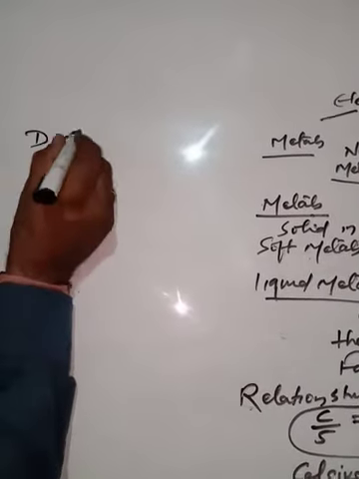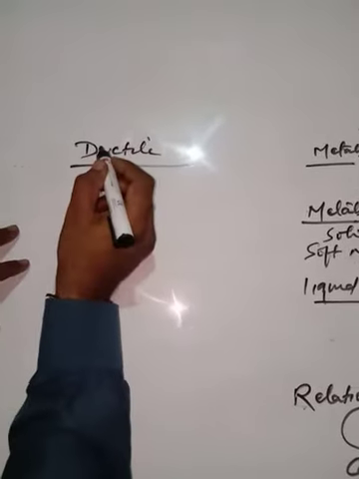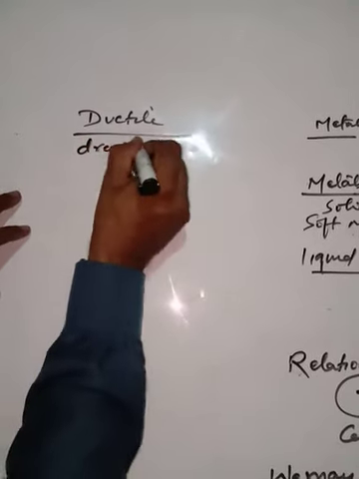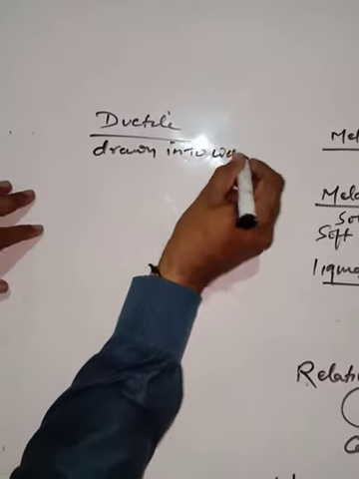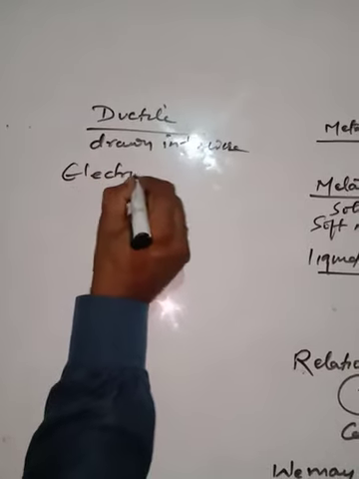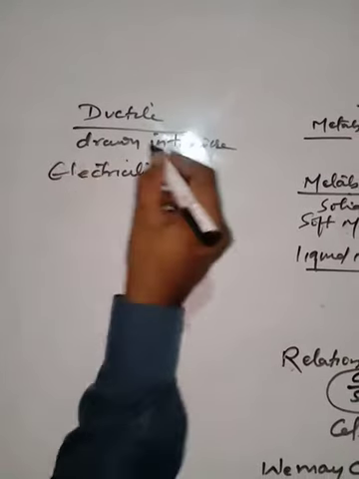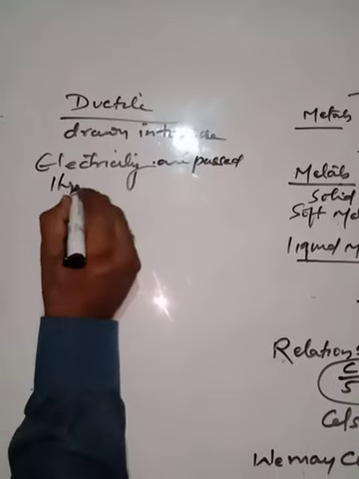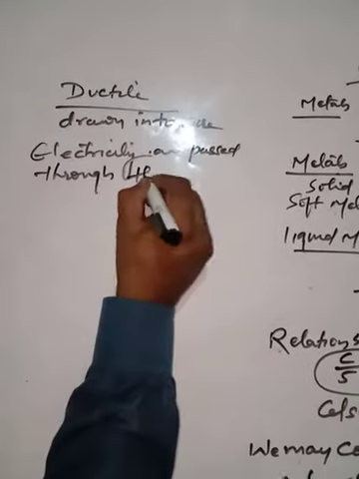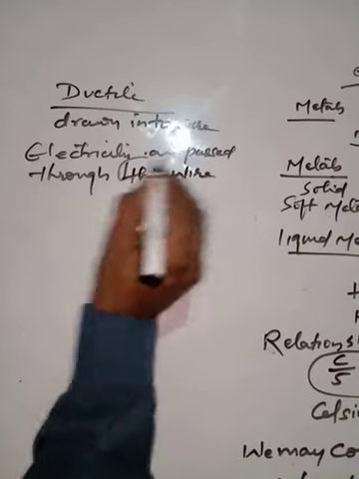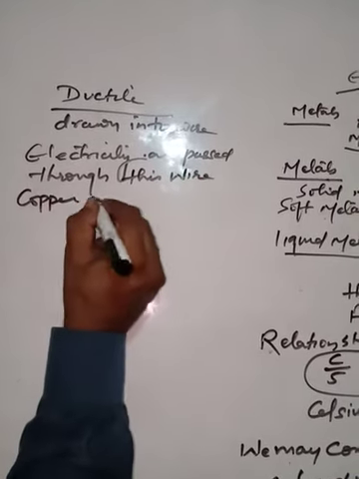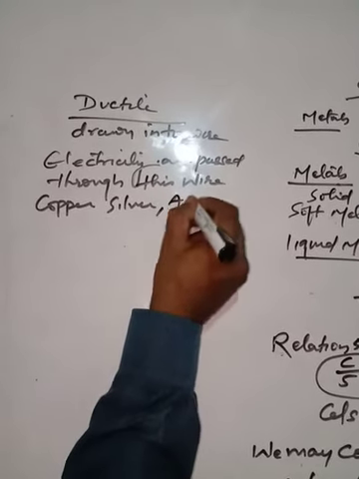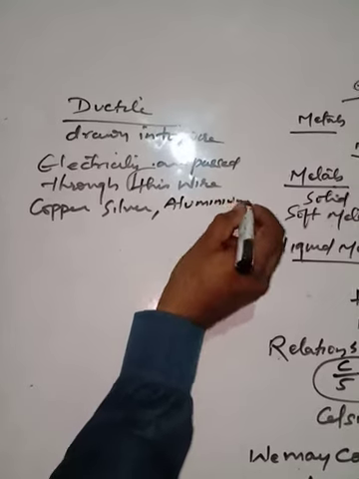So next is the ductile nature. Ductile means it can be drawn into wire. Electricity is passed through this wire, whether it is of copper, silver, aluminum and so on.